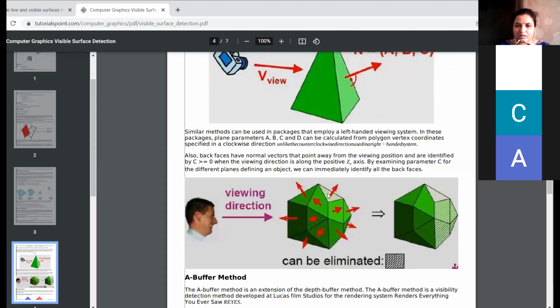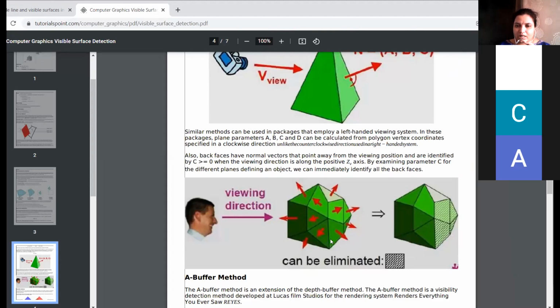So these 5 faces become hidden from the user side, and in the viewing direction only 1, 2, 3 become the visible portions.